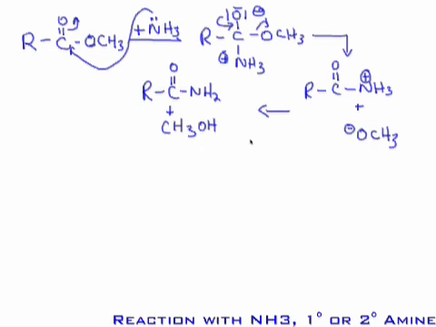And this mechanism is much the same as we've seen in all of the mechanisms so far in the hydrolysis and alcoholysis reactions of esters, the transesterification reaction. Nucleophilic acyl substitution is the predominant reaction pathway.